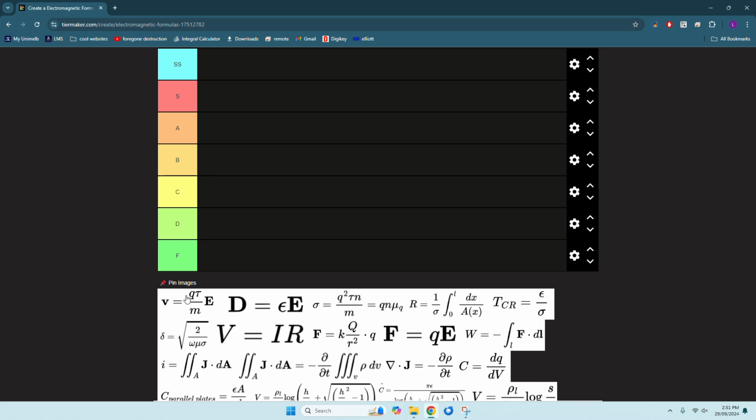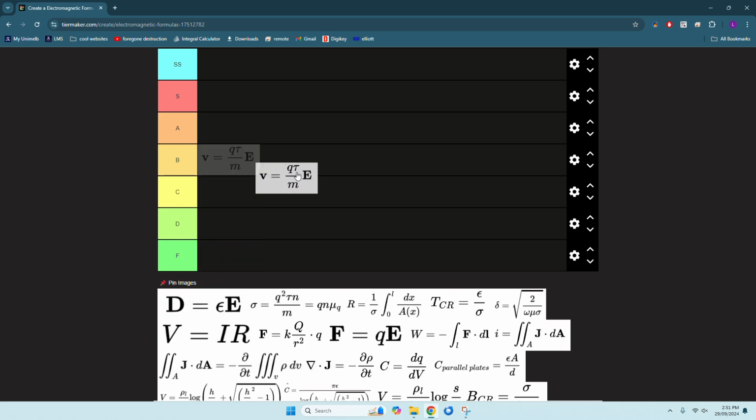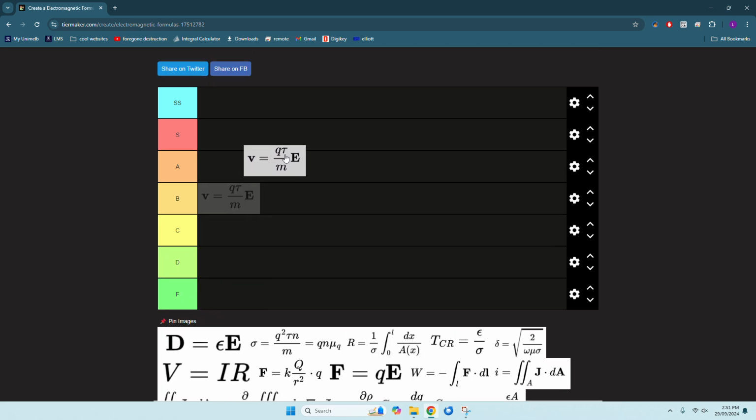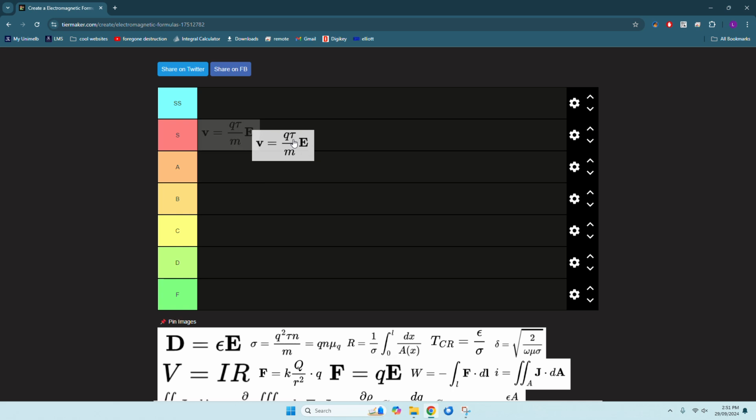This is the equation to do with resistance and the velocity of a charge. This tau symbol there represents the average collision time. So a particle doesn't just immediately accelerate if it's in an electric field.